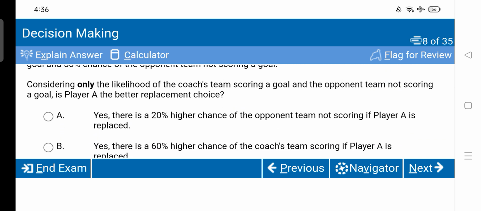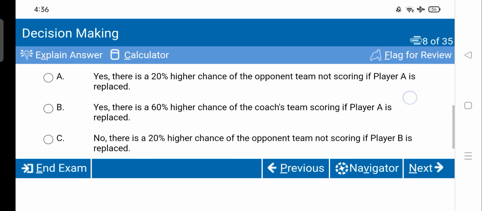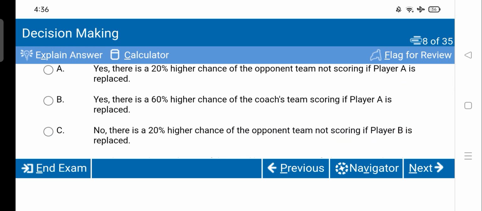Option A: yes, there is a 20% higher chance of the opponent team not scoring if player A is replaced. Option B: yes, there is a 60% higher chance of the coach's team scoring if player A is replaced.